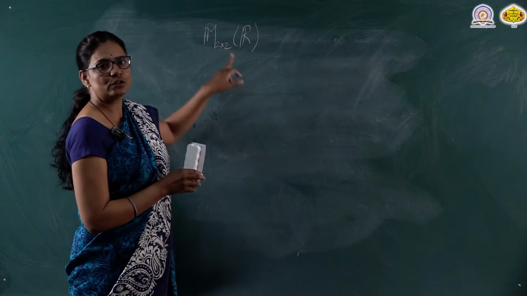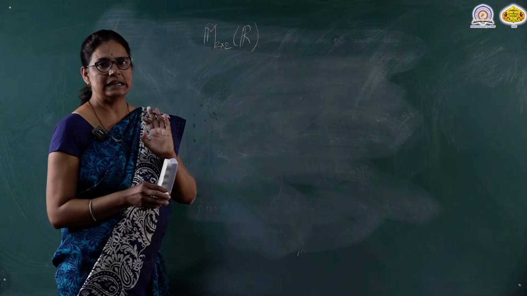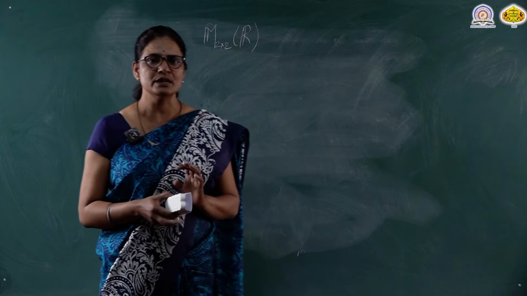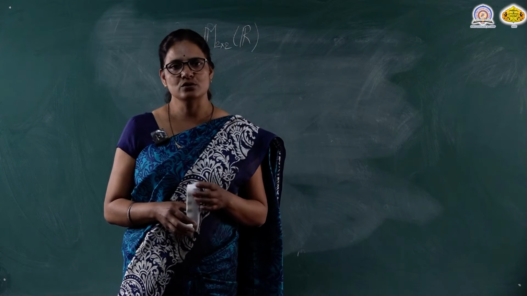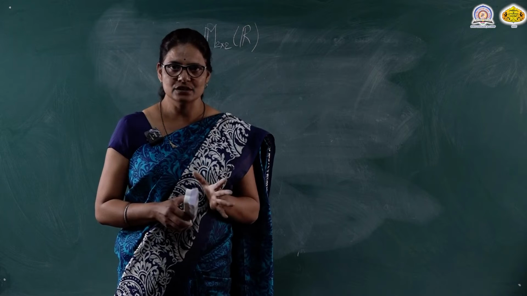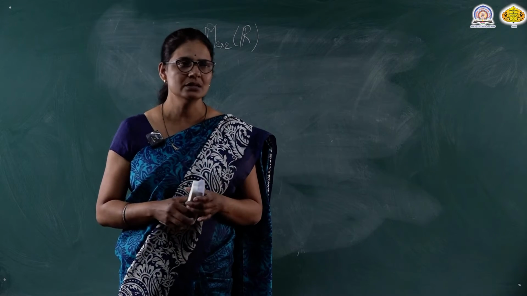So consider the set of 2 by 2 matrices with real entries. As we know, it is a vector space with respect to addition of matrices and scalar multiplication of a matrix. So it is a vector space with respect to these two operations.